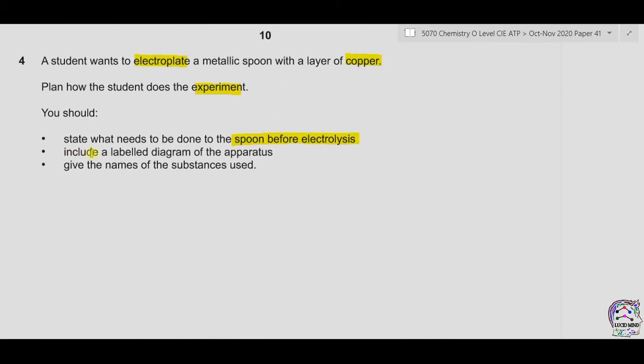In the second point, they have mentioned to include a labelled diagram of the apparatus. Now for electroplating, we are going to take a container. It consists of an electrode of pure copper that is to be electroplated on the spoon. The second electrode is the spoon.